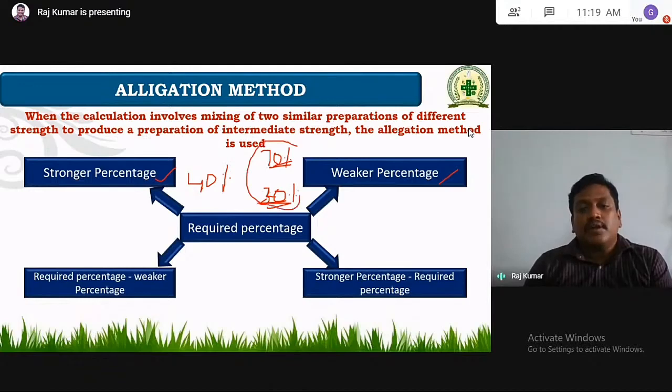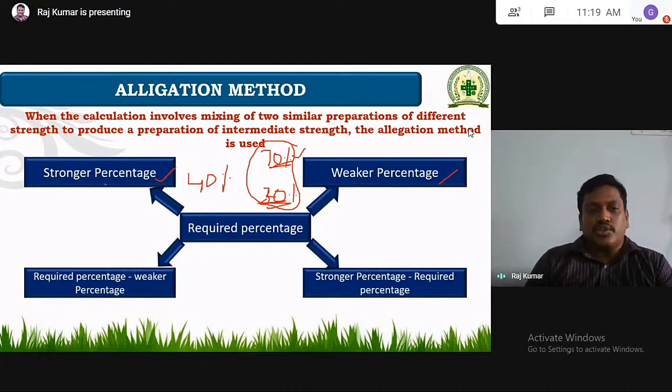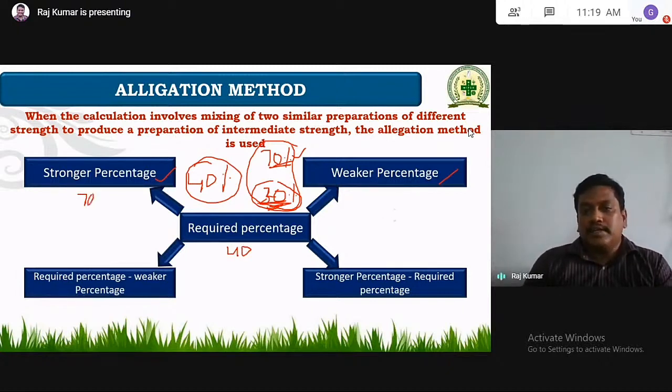then you are having two strengths here. From these two, 70 is the stronger percentage, and 30 is the weaker. This is the required percentage, so you have to take 40 here, 70 here, and 30 here.